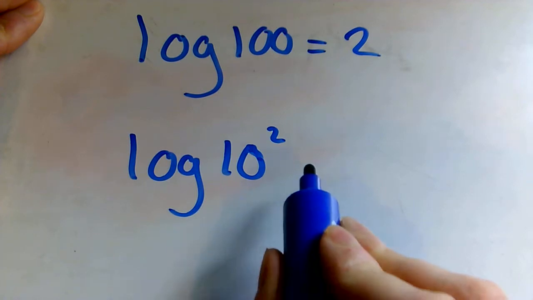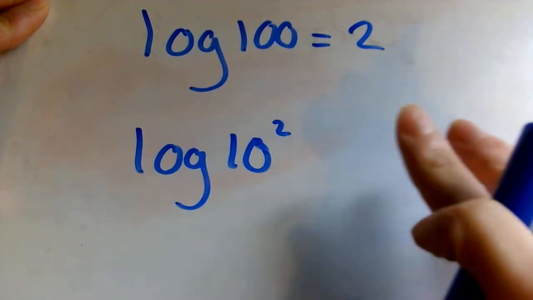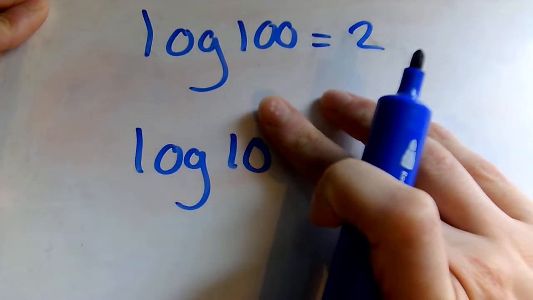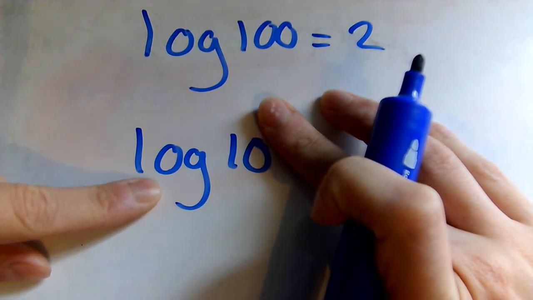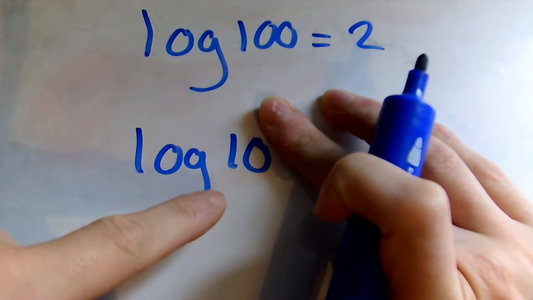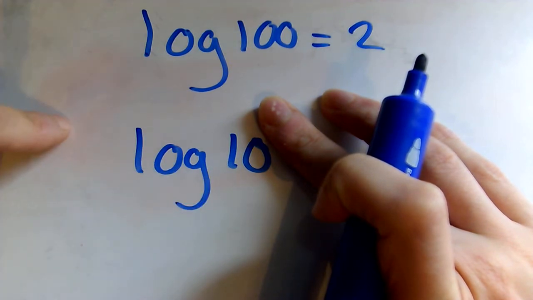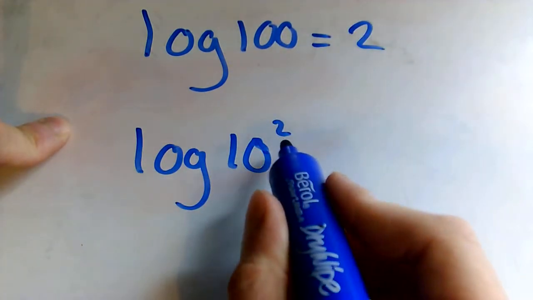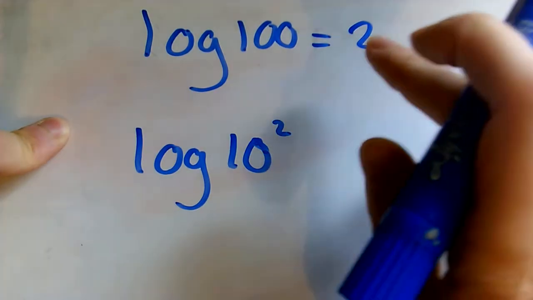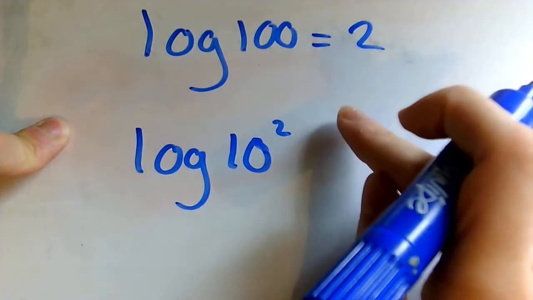Well, we know the value of this is meant to be 2. If I just ignore the power there temporarily, what is the value of log 10? Well, it's saying what power of 10 gives me 10? Well, the answer to that is 1. But 1 squared isn't 2, and this needs to be 2.